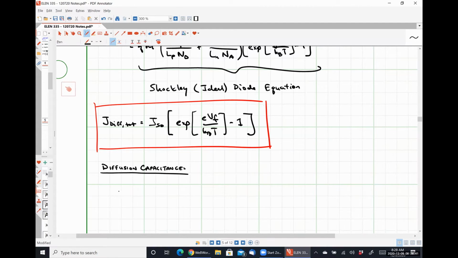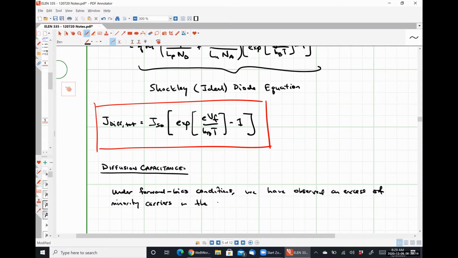Under forward bias conditions, we have observed an excess of minority carriers in the neutral N and P regions of the junction.